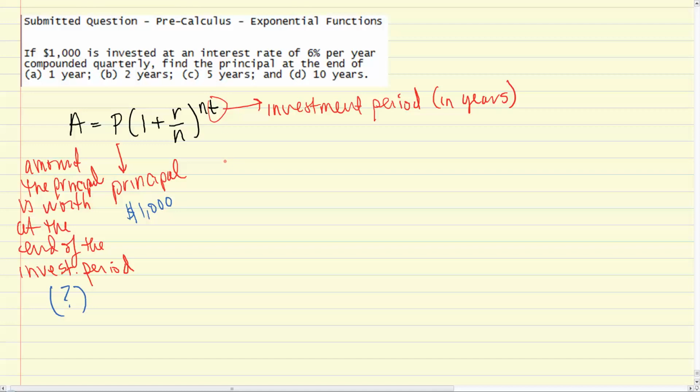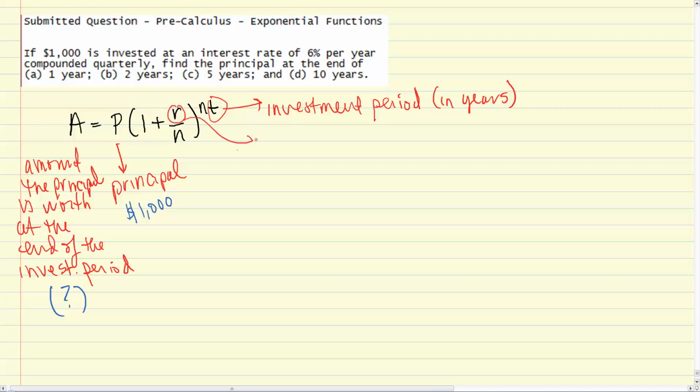So it doesn't matter whether it's years, months, you could even do days. It's most intuitive when we think about it in years, and the most common one that you will encounter with banking and things like that. So t is the investment period.